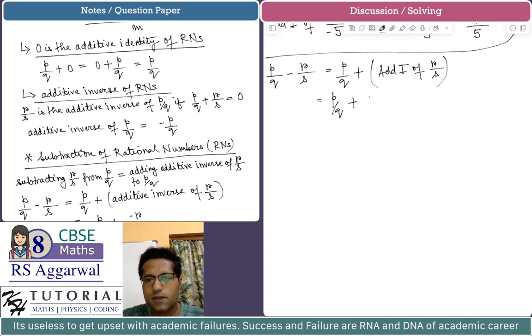That is minus r by s. You take the negative of the numerator of the rational number r by s. So this is the main formula. We use the concept of additive inverse and addition of rational numbers to compute subtraction of two rational numbers.